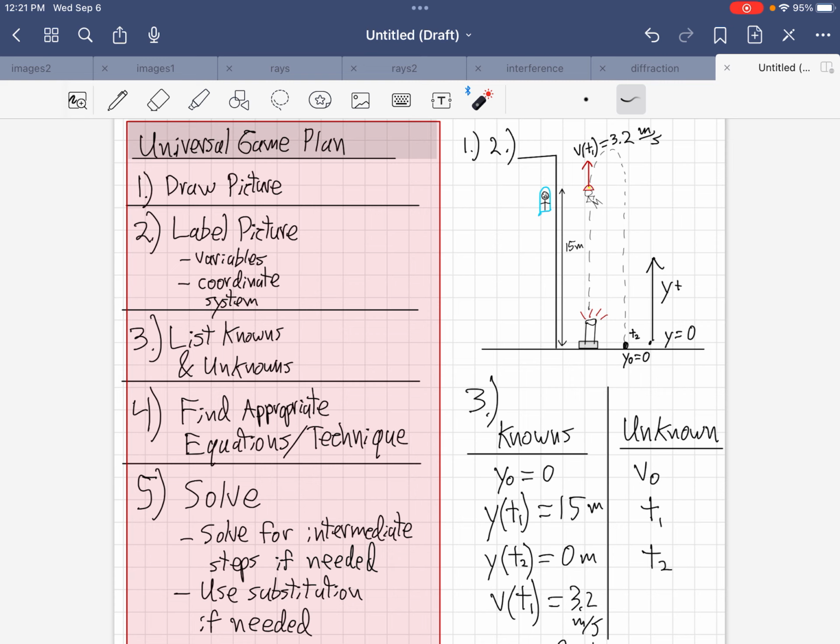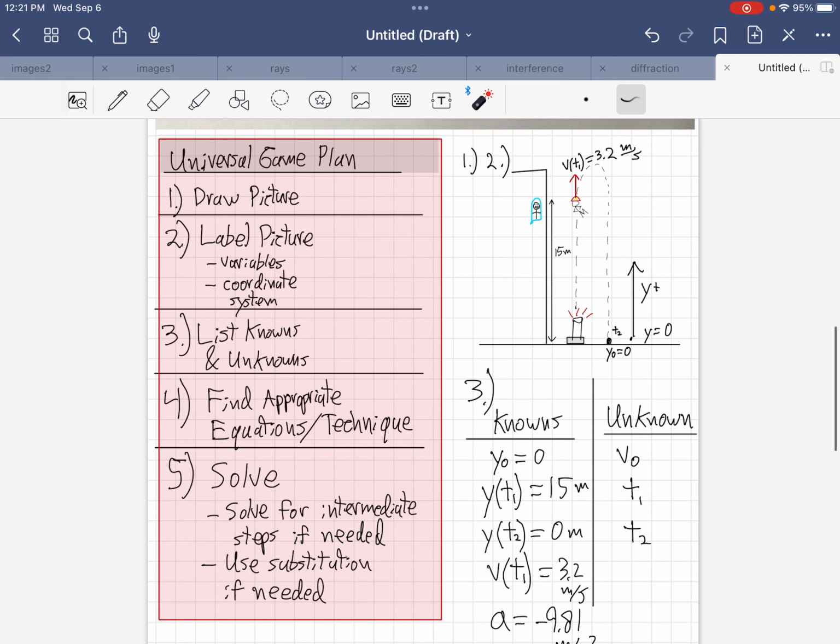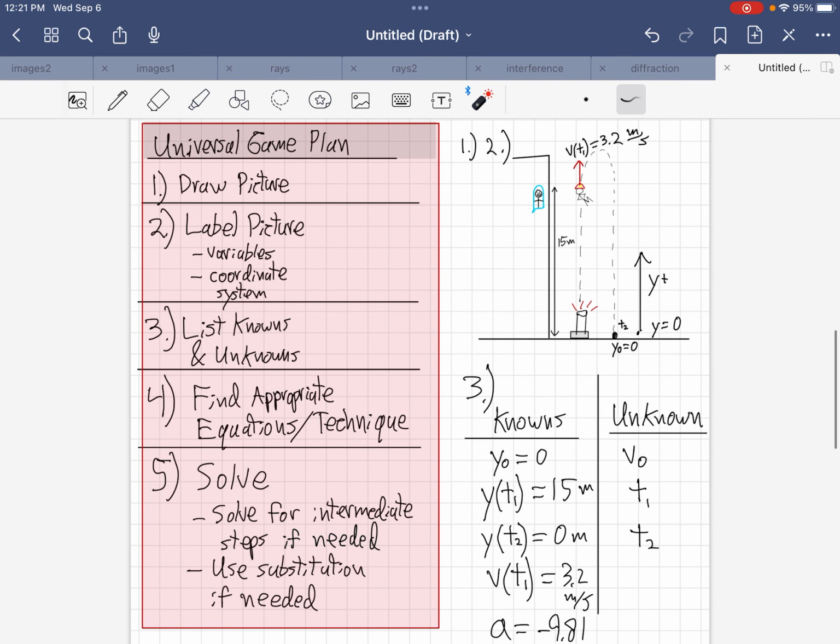But for almost every physics problem we do in this class, you can follow this universal game plan. I know it might seem obvious, but these are some really helpful tips that, if you follow them, you'll learn to approach physics in the right way.